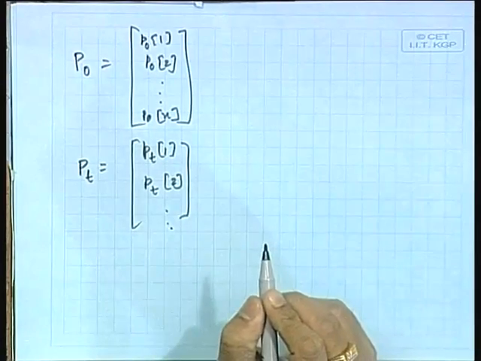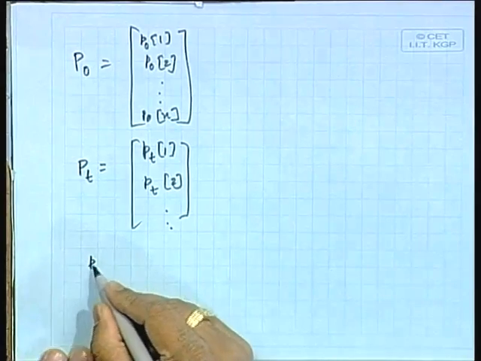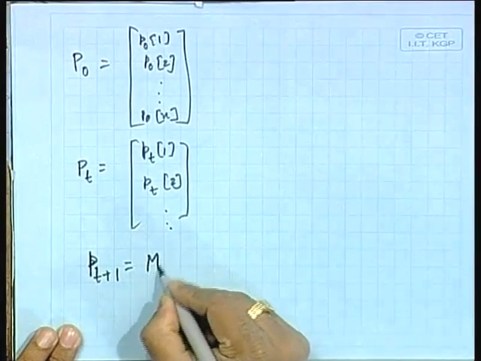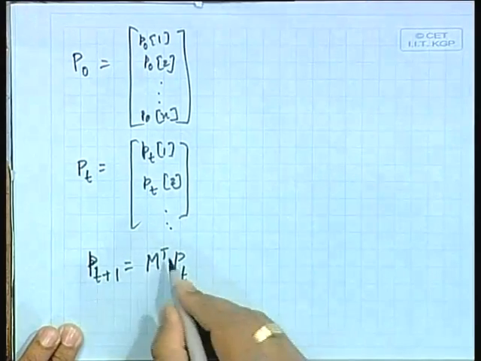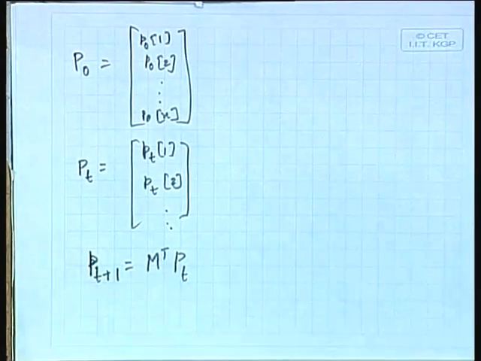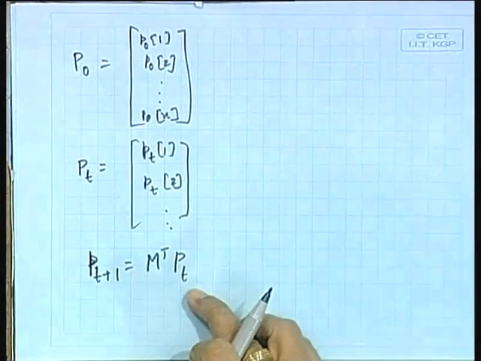Okay. So, how can we write Pt plus 1 in terms of Pt? It is very clear, you multiply the transpose of the transition matrix, the Markov matrix we just derived, with the previous distribution. Do I need to explain this also?